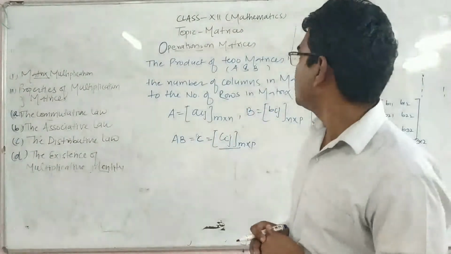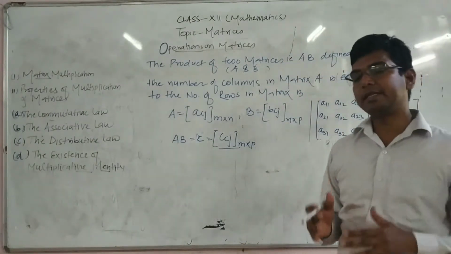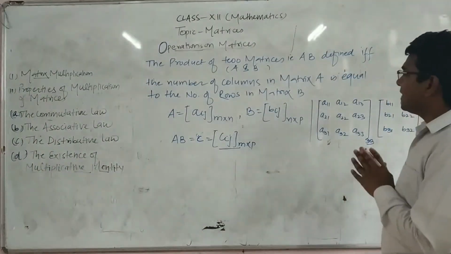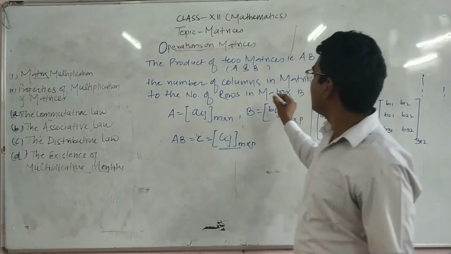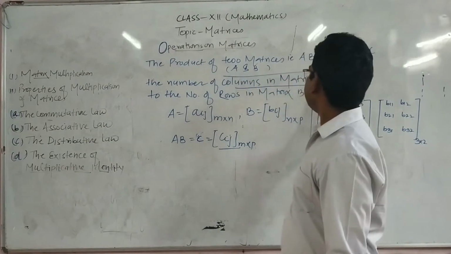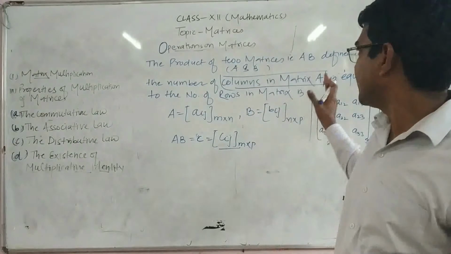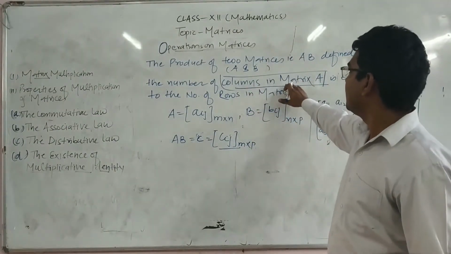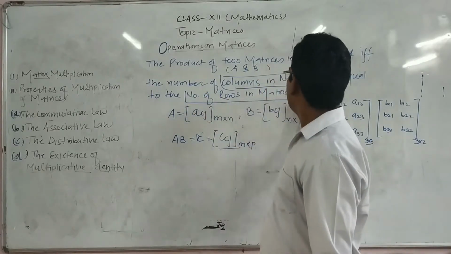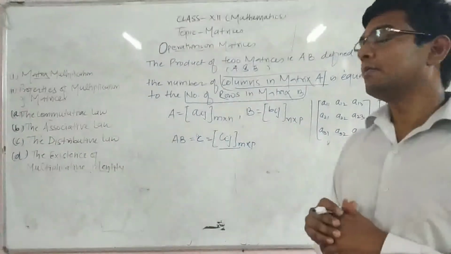We can say that two matrices are multiplicable, or conformable for multiplication, if and only if the number of columns in matrix A, that is the pre-multiplier, is equal to the number of rows in matrix B, that is the post-multiplier.